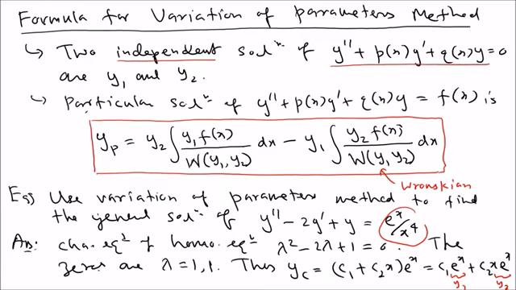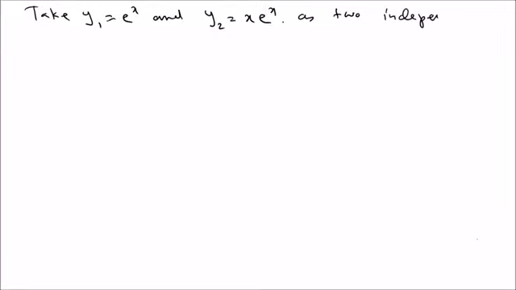So pick y1 equal e^x and y2 equal x e^x as two independent solutions.